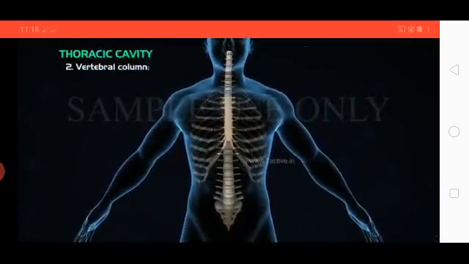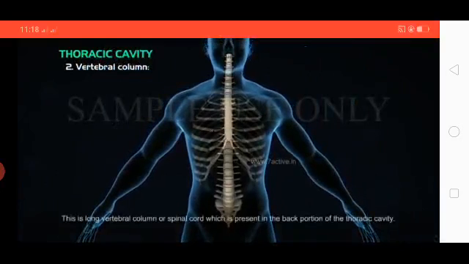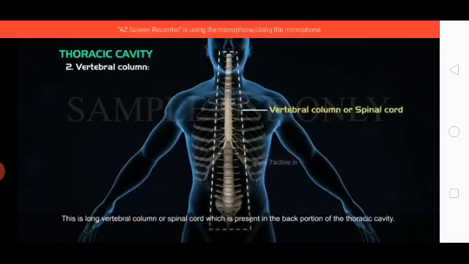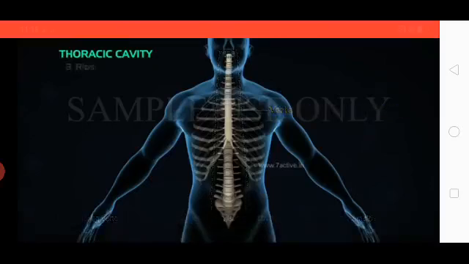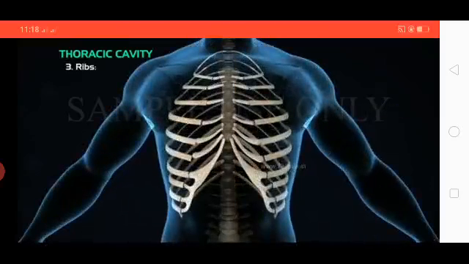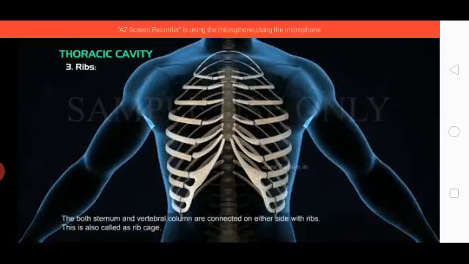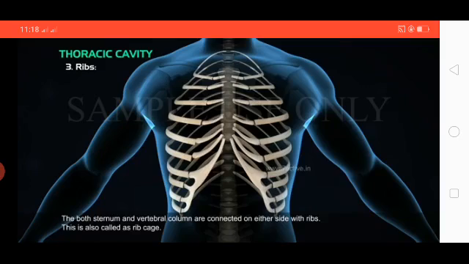2. Vertebral column. This is the long vertebral column or spinal cord which is present in the back portion of the thoracic cavity. 3. Ribs. Both sternum and vertebral column are connected on either side with ribs.